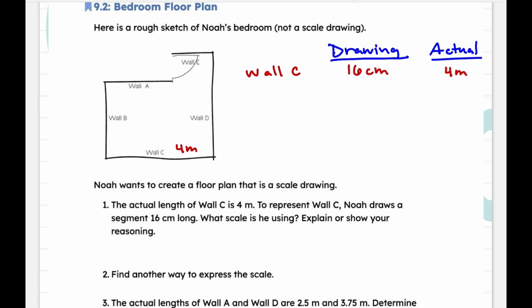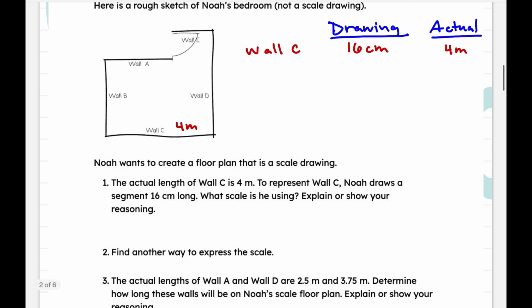Now remember, the scale, if we remember from our last lesson, is a statement that connects how long something is in the drawing to how long it is in the real world. So we have already written the scale. Although we want to make connections between the numbers, the scale is this whole entire statement.